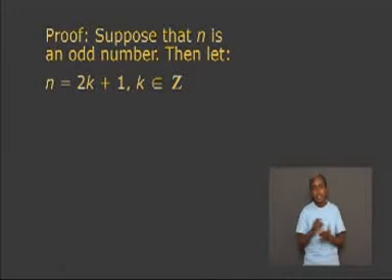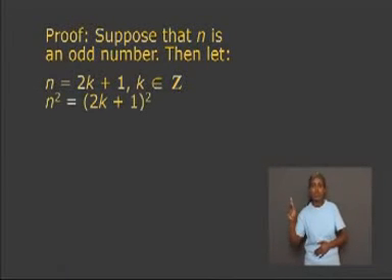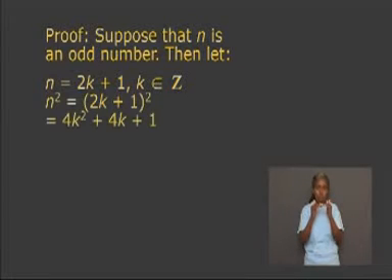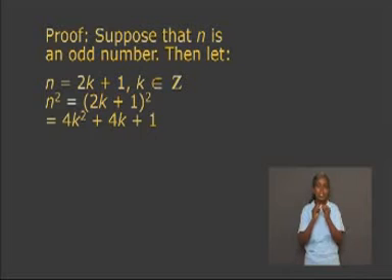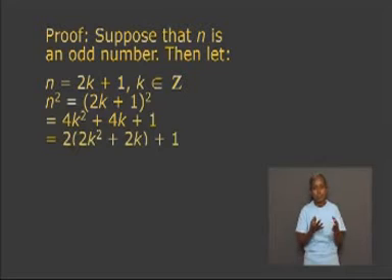It follows that (2k plus 1) squared is equal to 4k squared plus 4k plus 1. We can derive that equation making the expression 2 multiplied by (2k squared and 2k) plus 1.